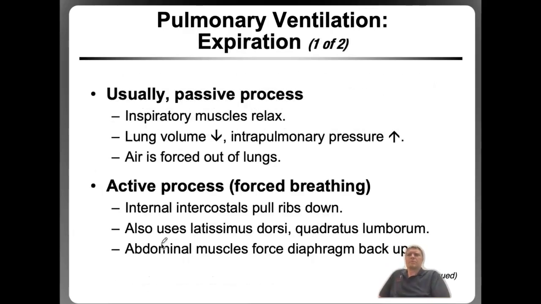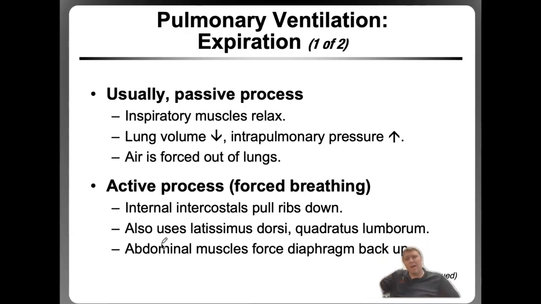So expiration is usually a passive process, as in it doesn't usually take ATP to do it. As you tense your muscles all up and then relax, that's how the air goes out. You're not using any extra ATP to make that happen.